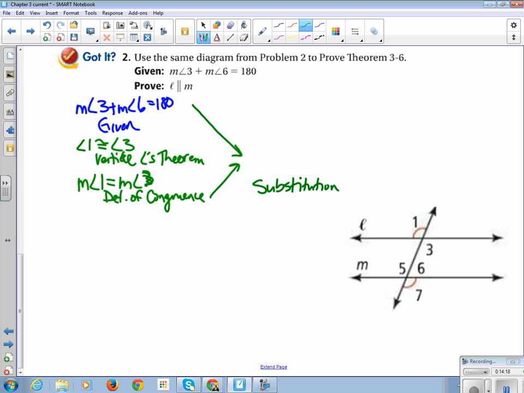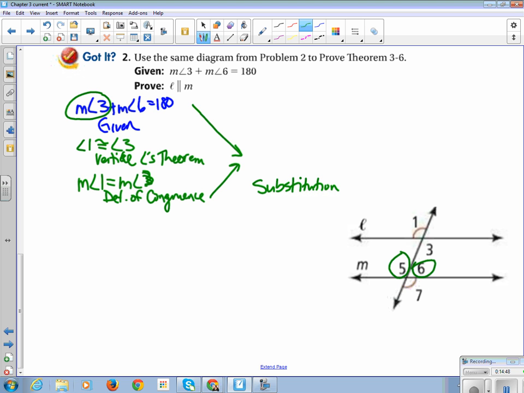We're going to take out angle 3 and put in. No, we can't yet, because we don't have information about 5. That's going to be our next step. You do, though, you replace 5 with 6. So we're going to replace angle 3 with angle 1.